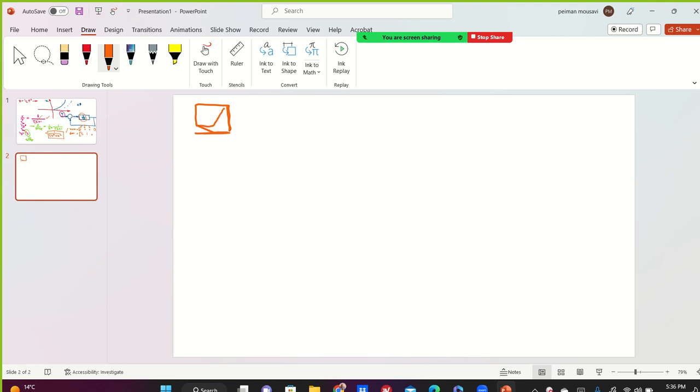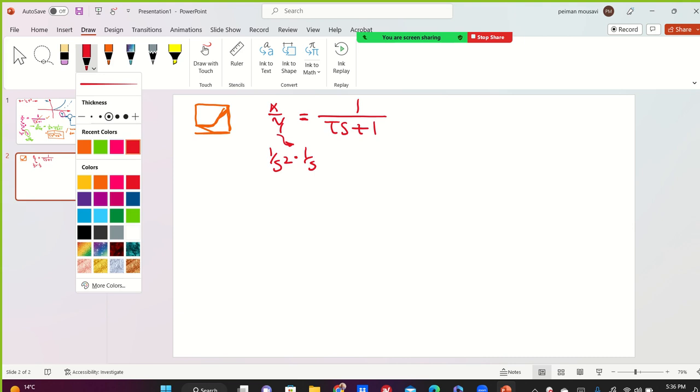The ramp input, see? So you can say x over y is again 1 over tau s plus 1. So you can write this here as 1 over s squared, 1 over s. I'm just playing with that.